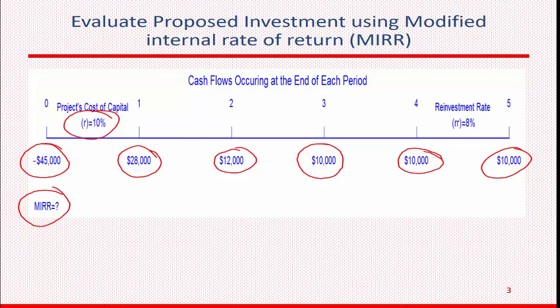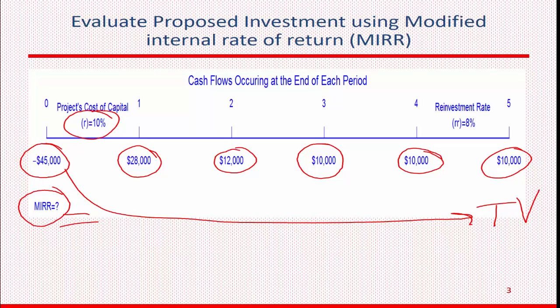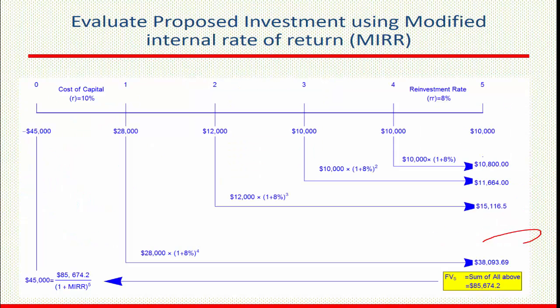So remember, MIRR is the rate that makes the initial investment equal to the terminal value. For us to understand that, we need to understand what that terminal value is. Here I have calculated the terminal value of this project.